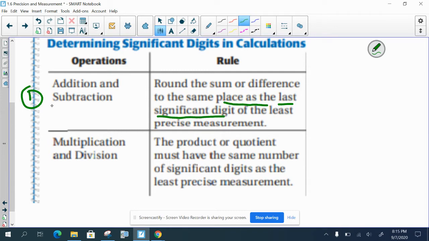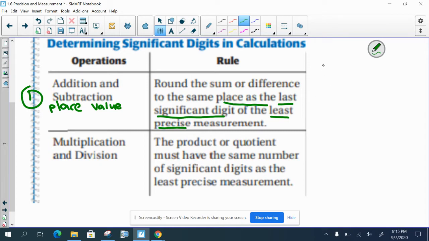So adding and subtracting is all about place value. That's going to be important in differentiating adding and subtracting from multiplying and dividing. We look at the least precise measurement because we don't want to provide any more confidence than the least precise measurement gives.